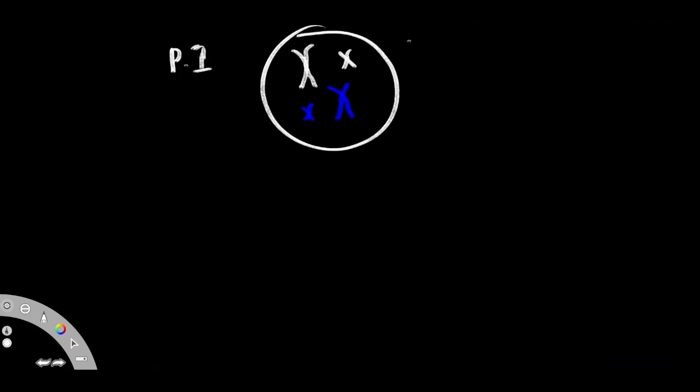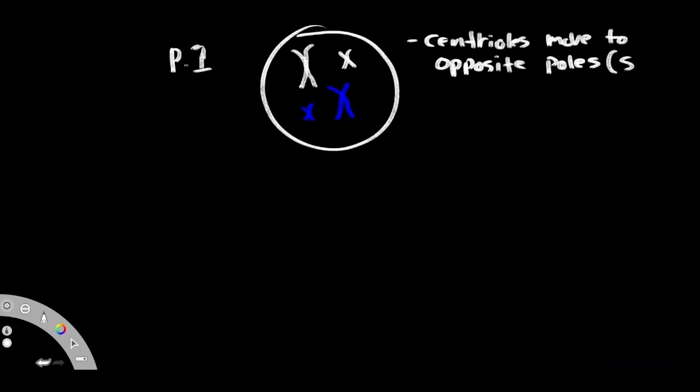So like in mitosis, centrioles start to move to opposite poles. All right, which means the spindle fibers form from there. Remember what these spindle fibers do, right?